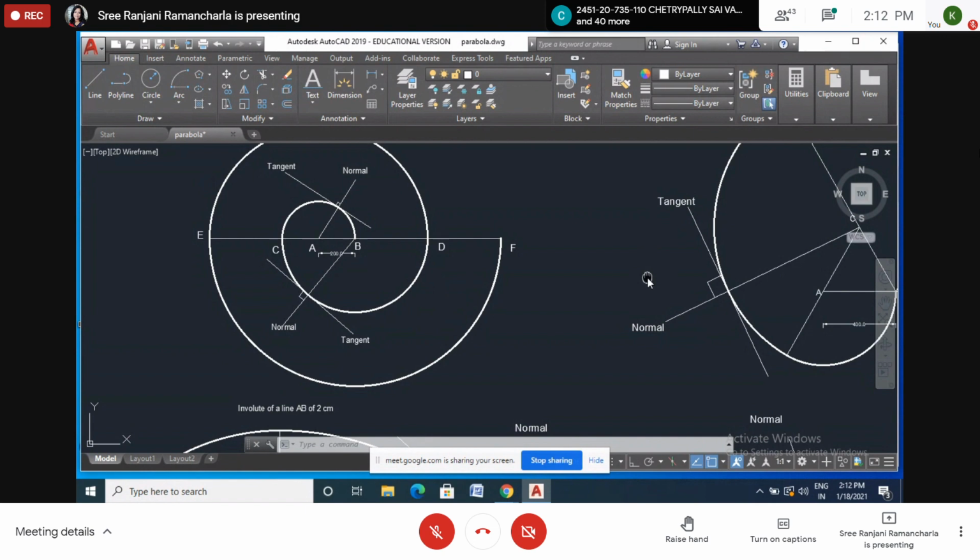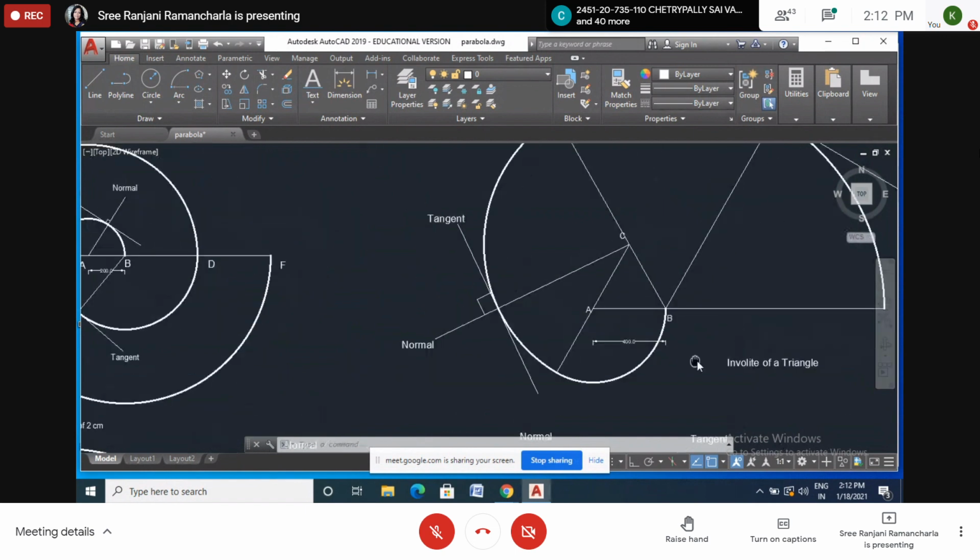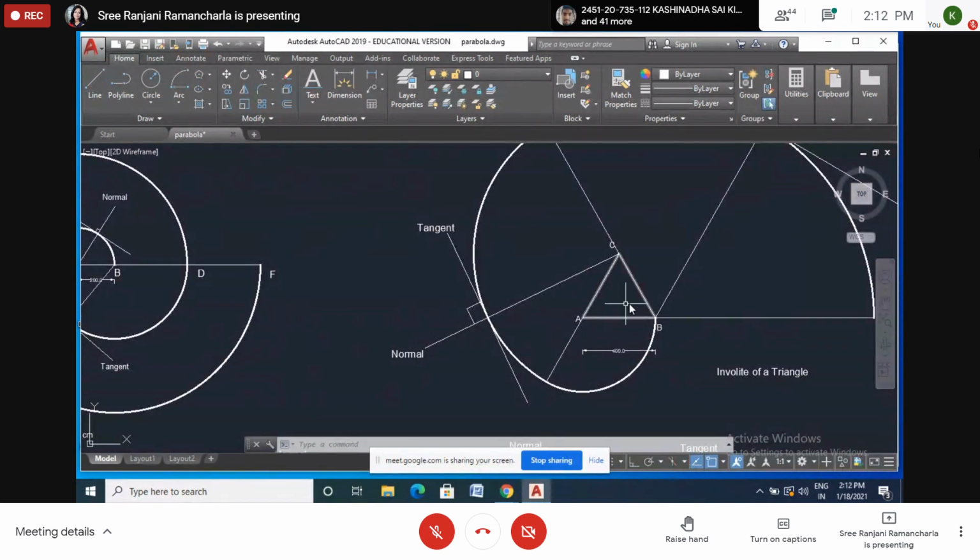Yes. Now we'll go to the involute of a triangle. Okay. Draw the triangle of 4 centimeters. You also draw the triangle of 4 centimeters, ABC. Okay.